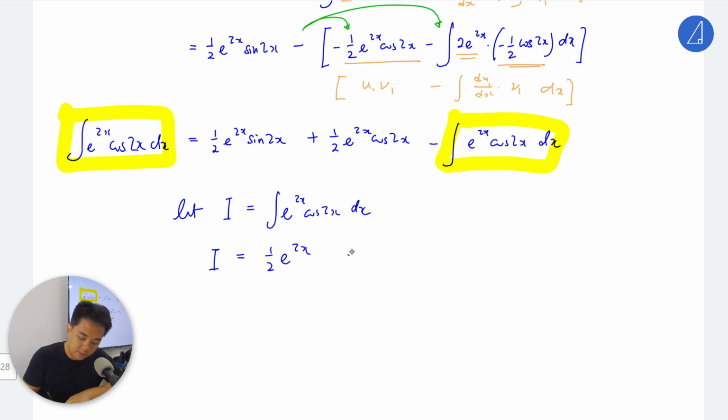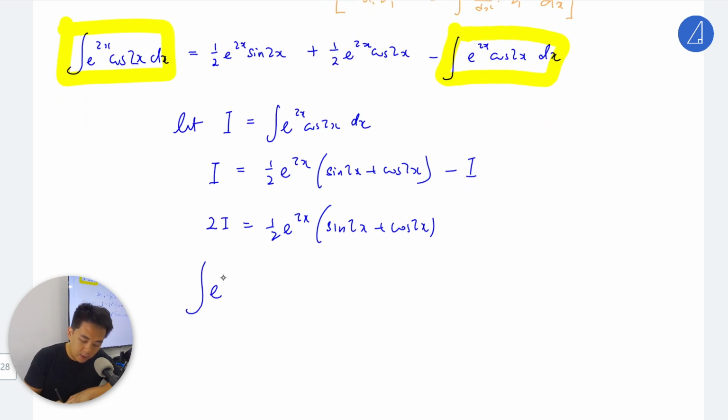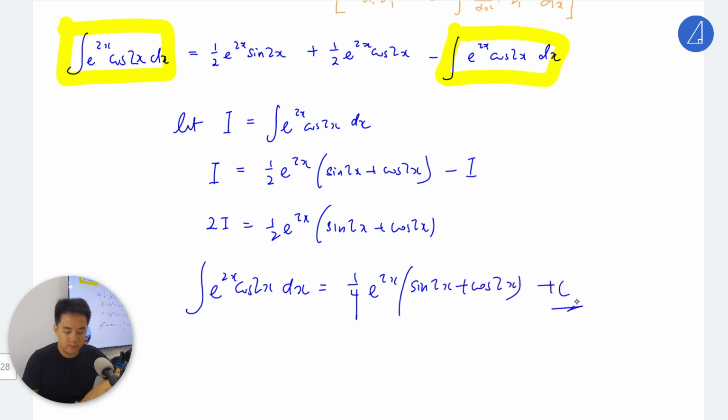So this one, sine 2x plus cosine 2x, minus I. Okay, so you get 2I equals half e^2x. Usually this is what we do. Then divide by 2 both sides. So what you get is 1/4 e^2x (sine 2x plus cosine 2x) plus c.